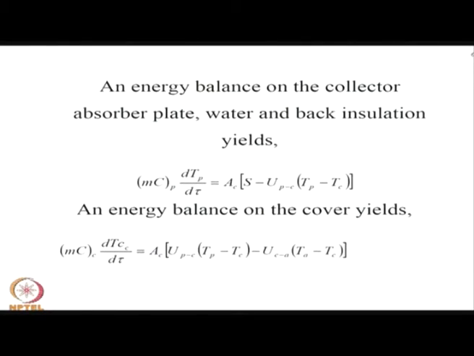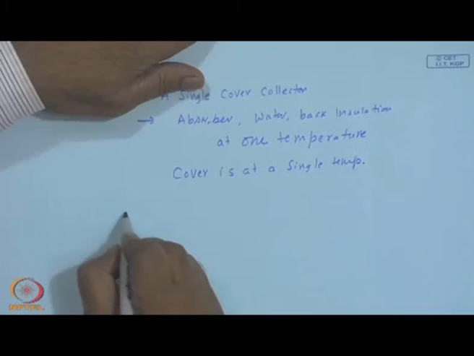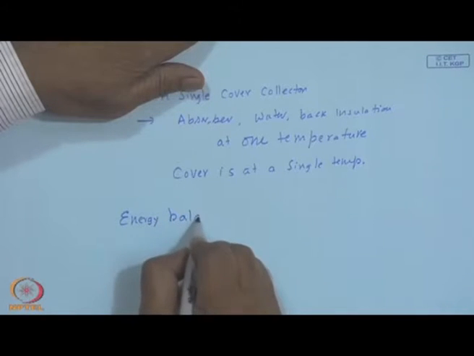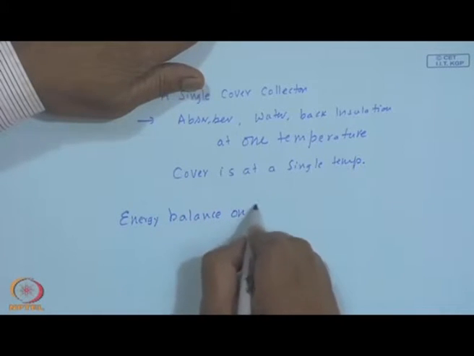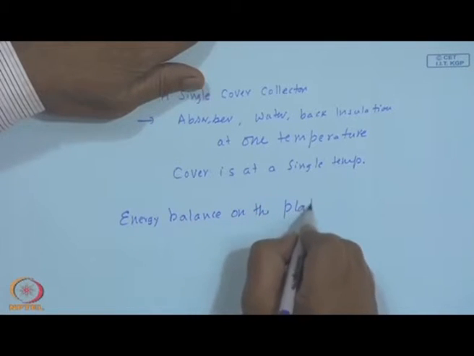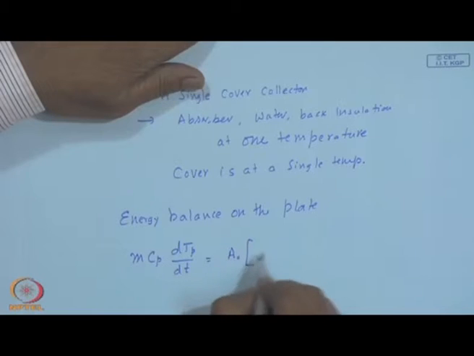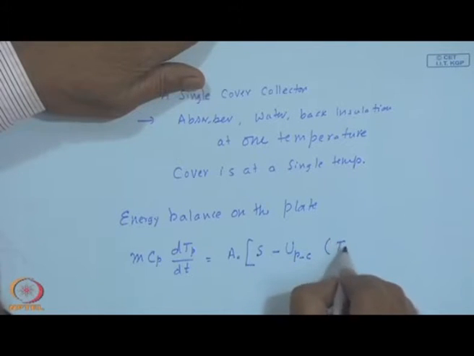So, if I make an energy balance on the plate, it will give me mass times specific heat times rate of change of temperature with time, which should be equal to A c into the absorbed radiation minus whatever is the loss coefficient between the plate and the cover times the temperature difference between plate and the cover.